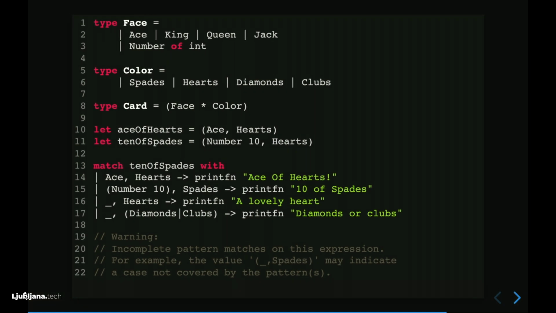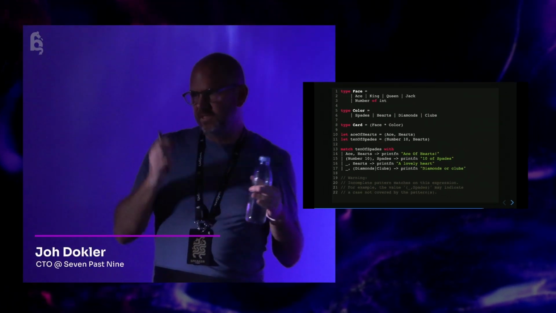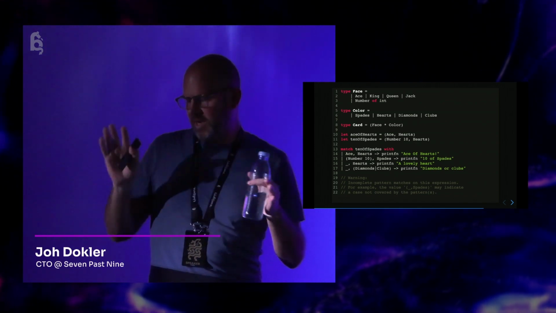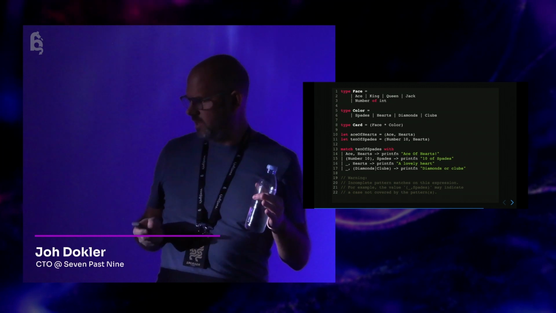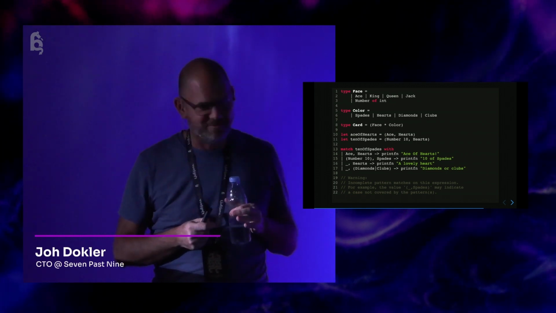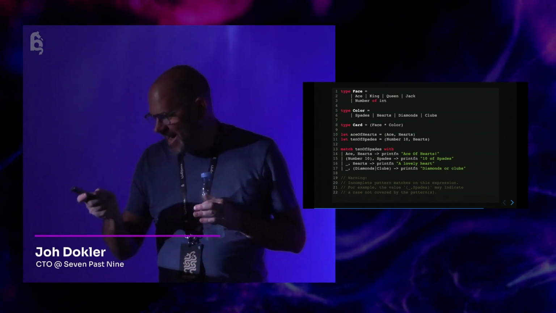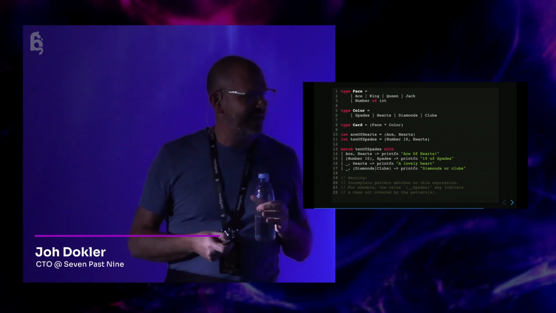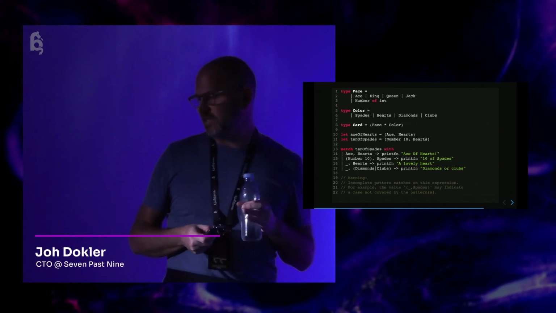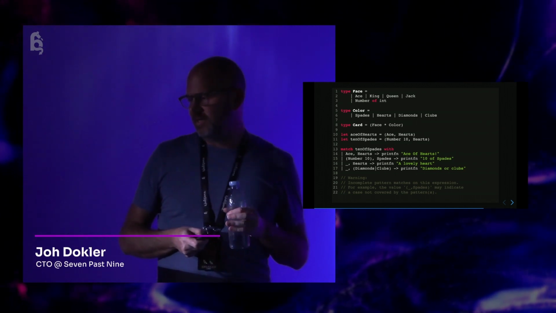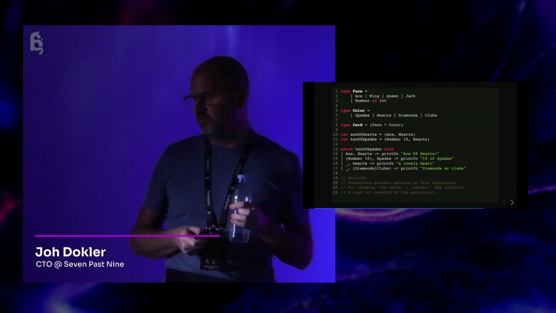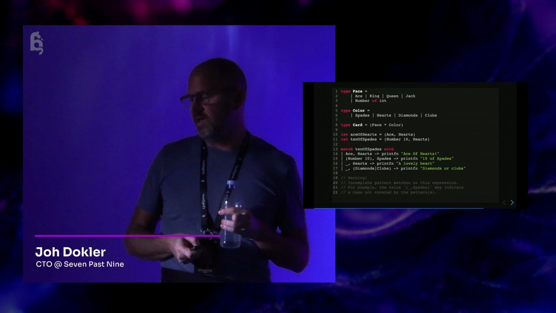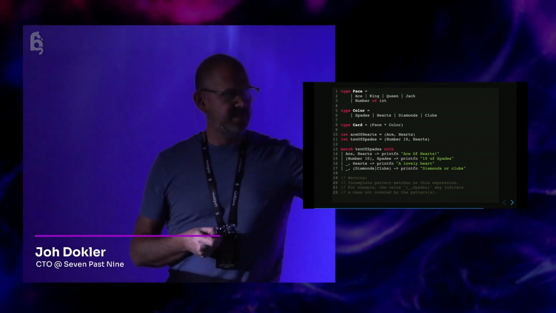When you write code like this, you think, okay, now I'm done. Everything is cool. But actually, the compiler tells you that you are not done because you forgot to specify some cases in your match.